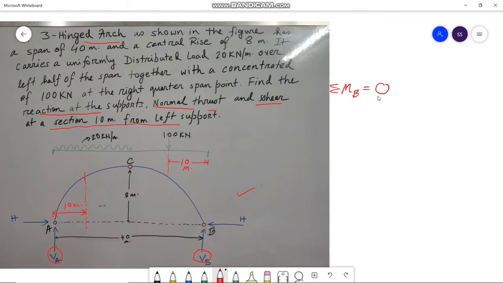So we have VA into 40 minus 20 into 20 into 30 minus 100 into 10.